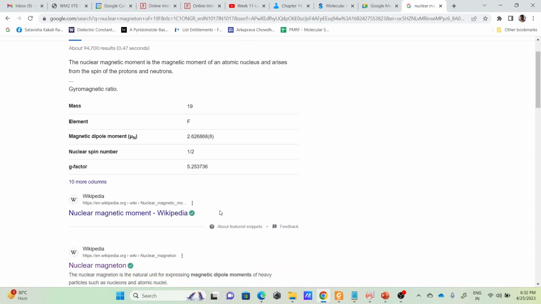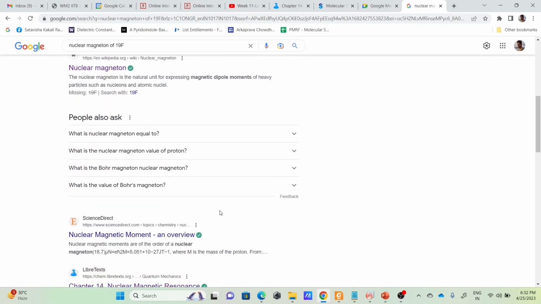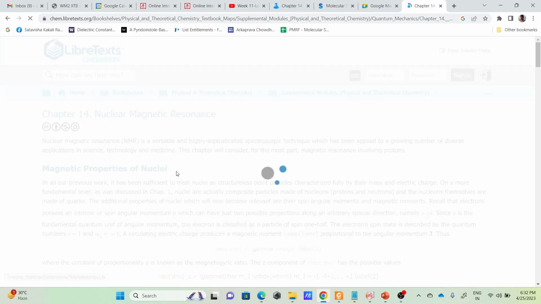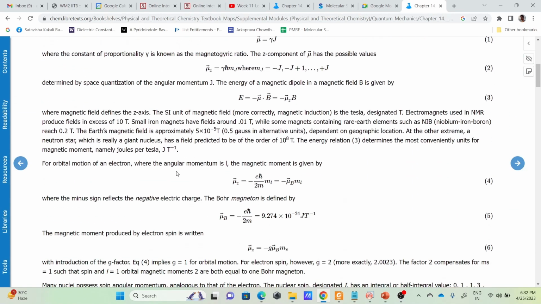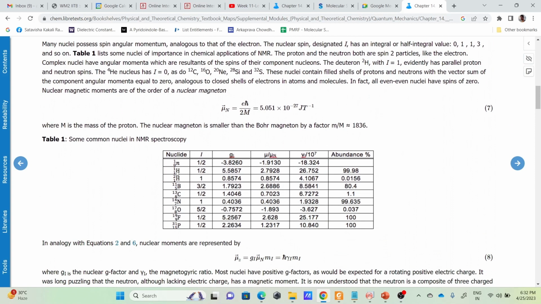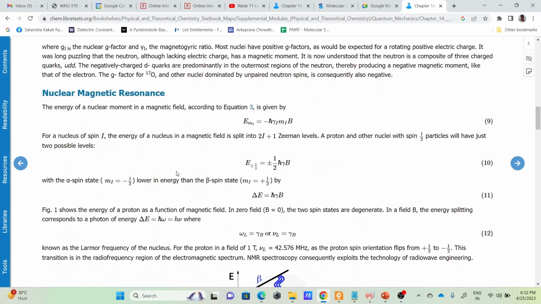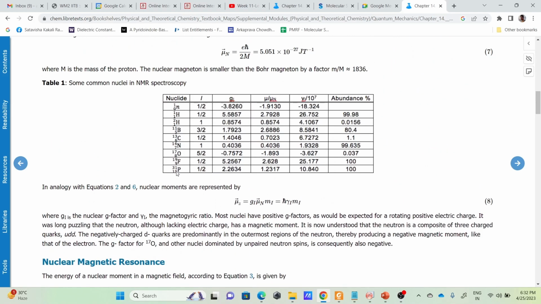Okay, this is given. Now 5.257 is correct.